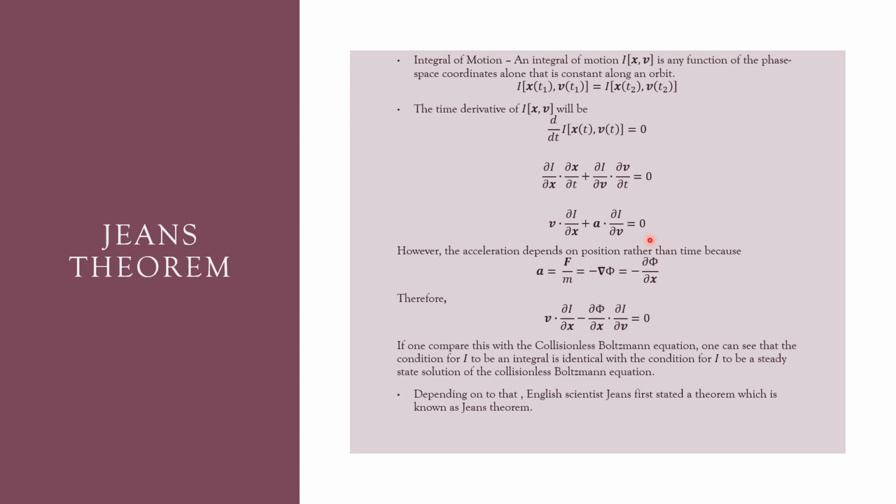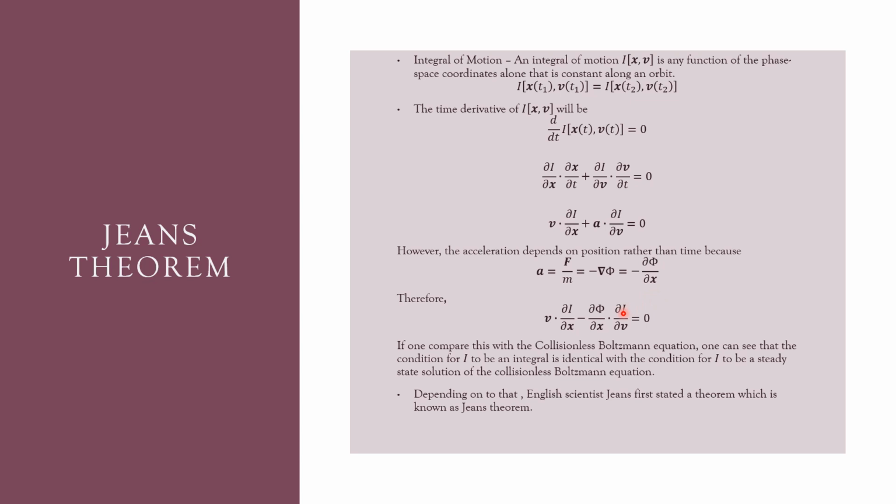Here, a represents the acceleration of the object, which depends solely on its position rather than time, as it is governed by the gravitational potential phi. As we can see, the acceleration is equal to F by m, equal to minus the gradient of the gravitational potential phi, which can be expressed as minus del phi by del x.